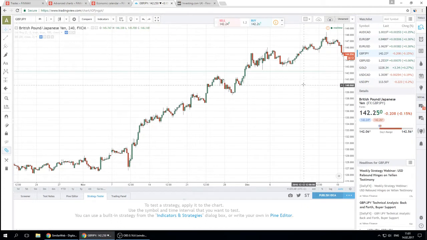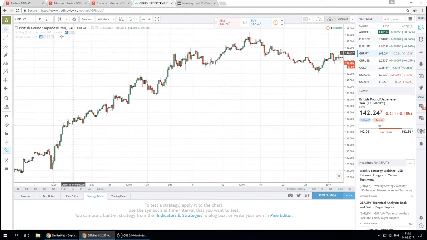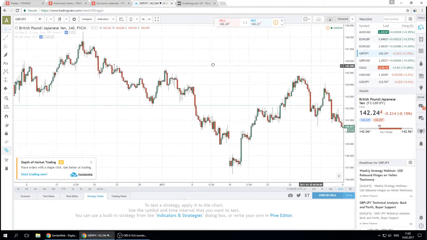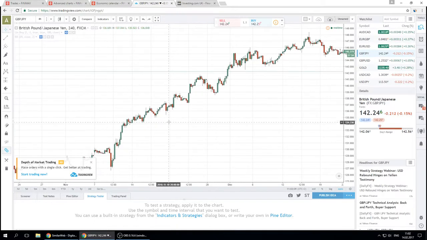Okay, so here we see the chart for British pound to Japanese yen. It was recently, several months ago, in December. The time frame is 4 hours, so you can see the movement of the market.